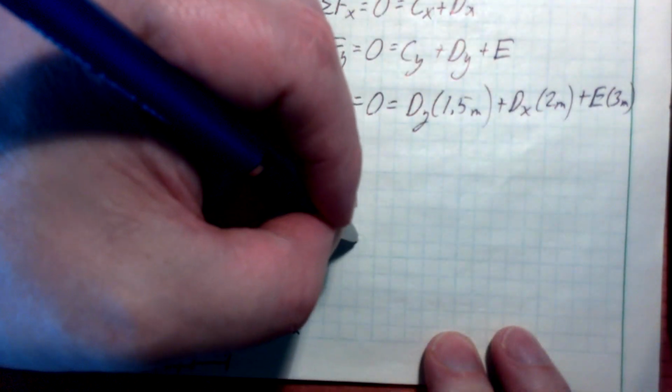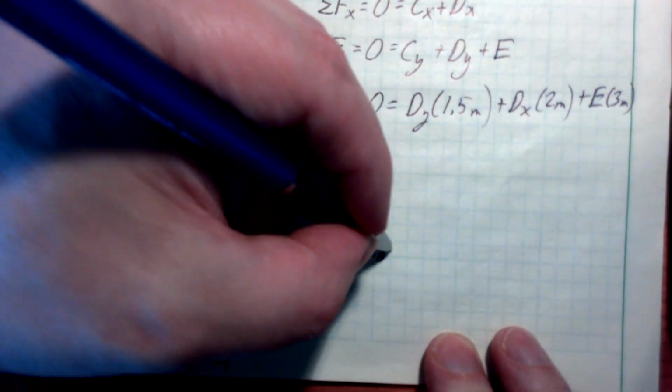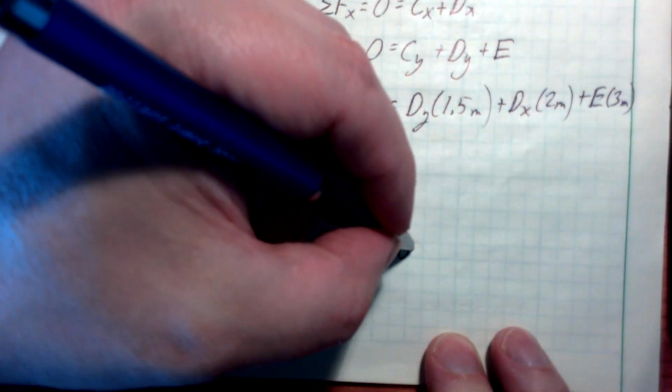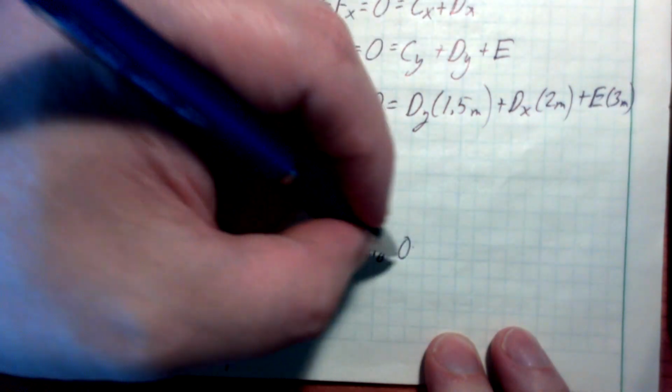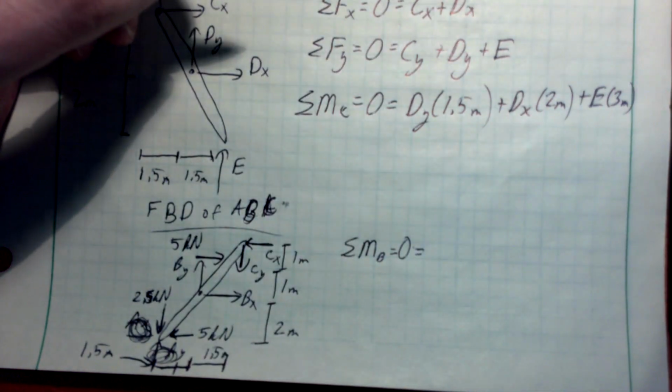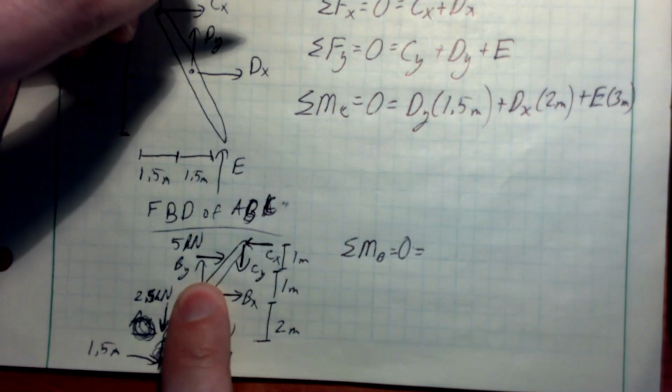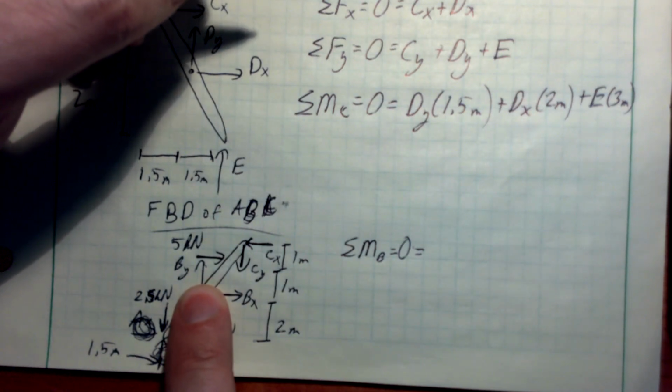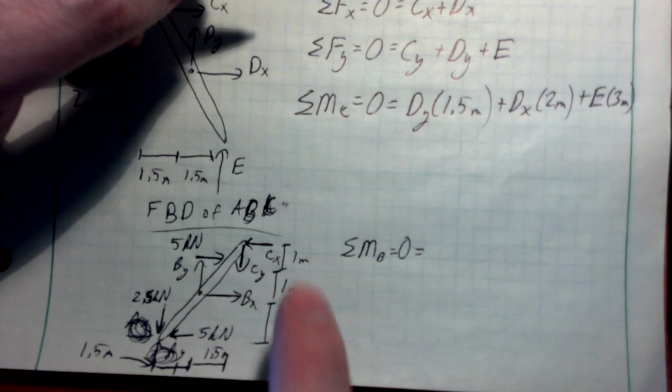But what I could do is take the sum of moments about point B, set that equal to 0. It's going to be a long equation. But if I take my sum of moments about point B here, well, BX and BY both pass through this point, so they cause no moment.